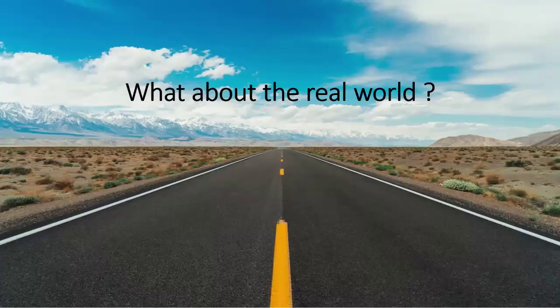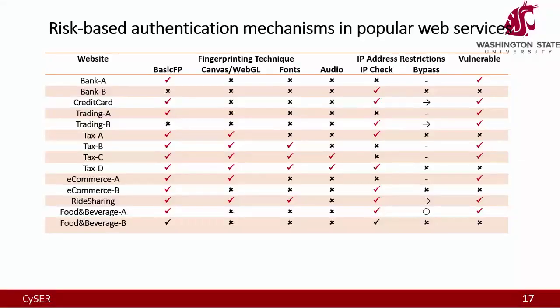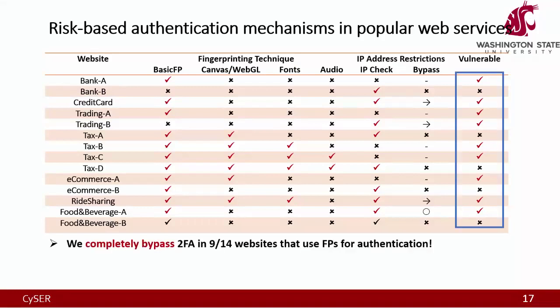So what about the real world? Can this attack actually be successful in real-world systems? We tested our attack on 14 major websites. Most of these websites are critical financial services: major banks and major tax websites.